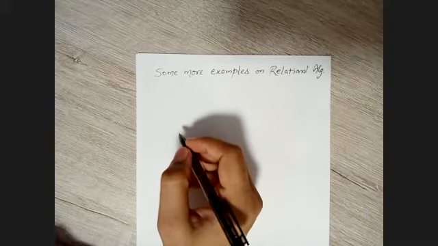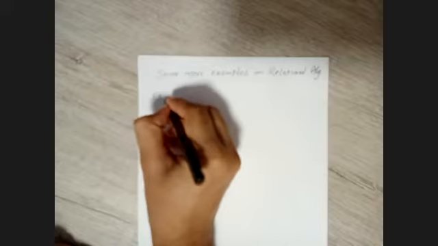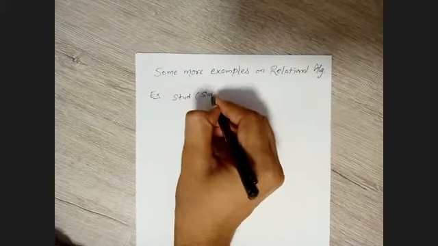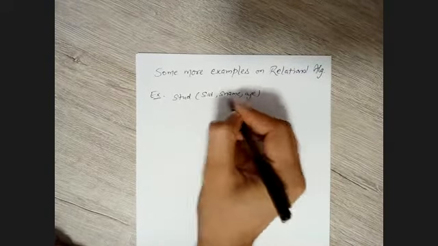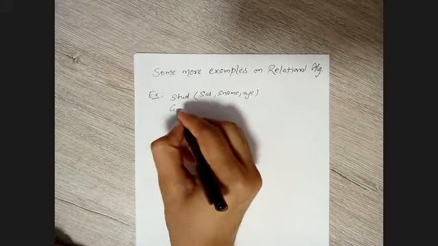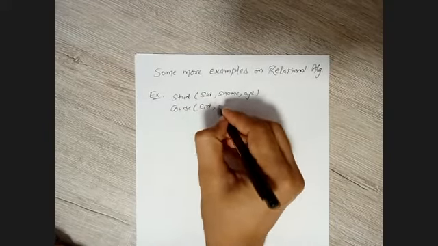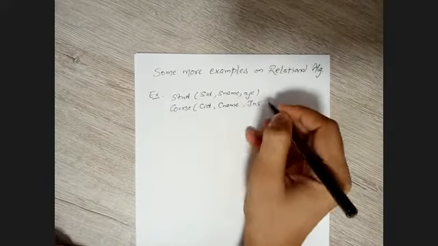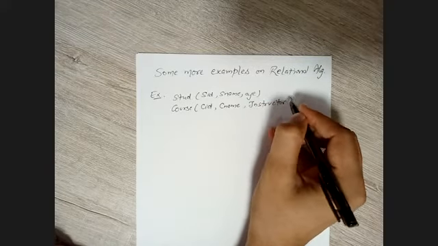Let's continue with the previous examples that we were already doing. We have the student table in which we have SID, S name, and let's say age of the student. We have another table that is course, which generally stores the course information, where we have the course ID, course name, and the instructor of the course.